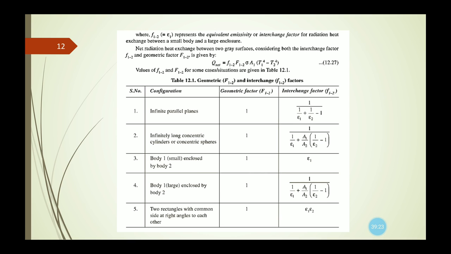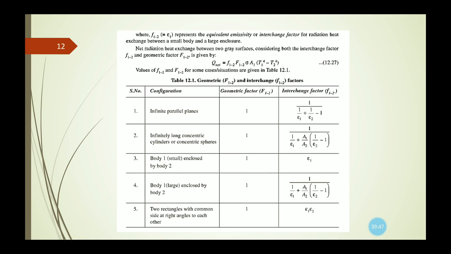In today's lecture we discussed mainly the radiation heat exchange between the non-black surfaces. Here we discussed the equation for the radiant heat exchange between five different configurations.